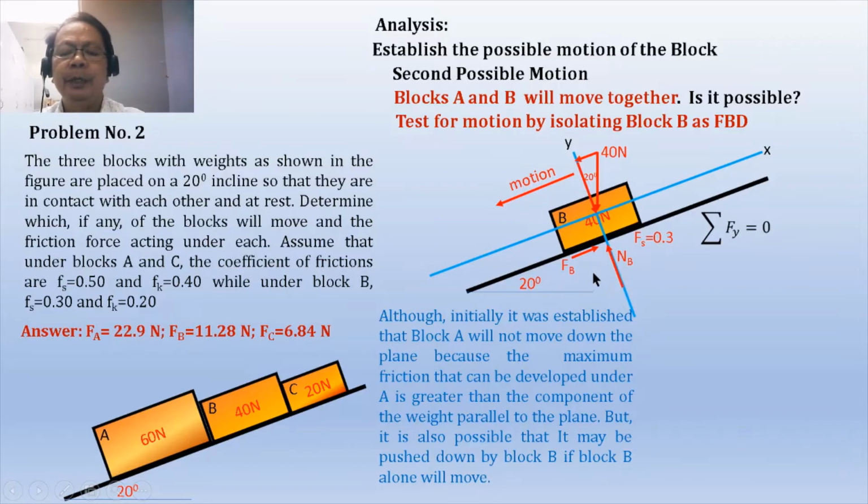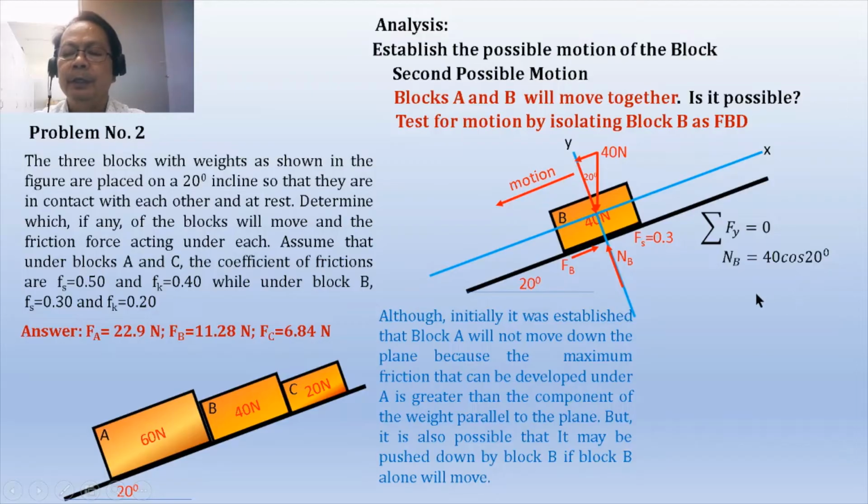We should establish whether this component of the weight parallel to the plane is greater than the frictional force developed. Hence, we compute the normal force by applying summation of forces along y equal to 0, so that N sub B is equal to the component of the weight perpendicular to the plane, and that's 40 cosine of 20.